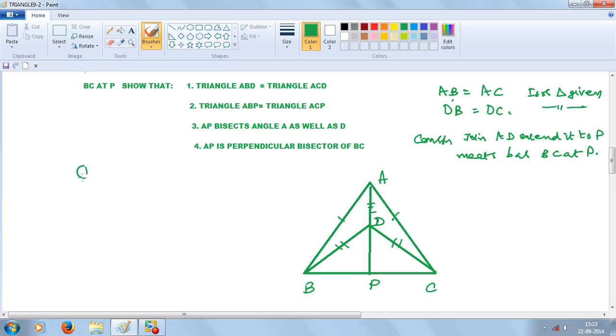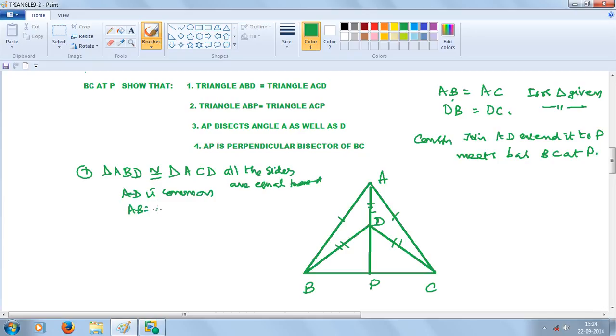All the sides are equal to one another. AD is common, AB is equal to AC and BD is equal to DC because they are isosceles triangles. So these two triangles are congruent.